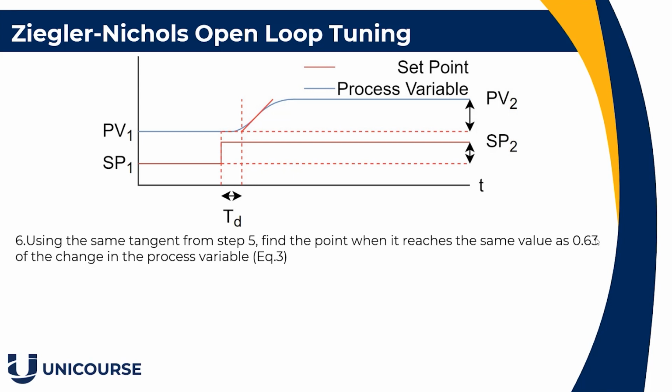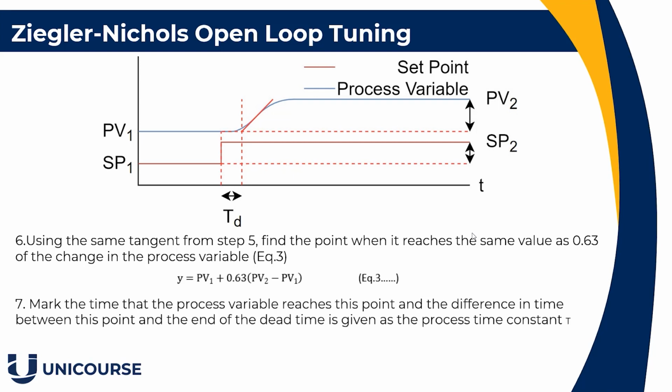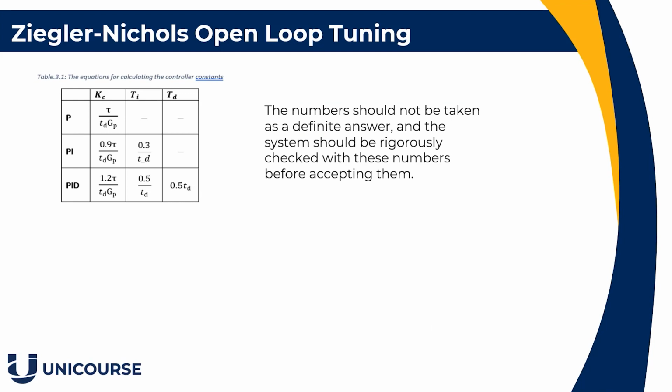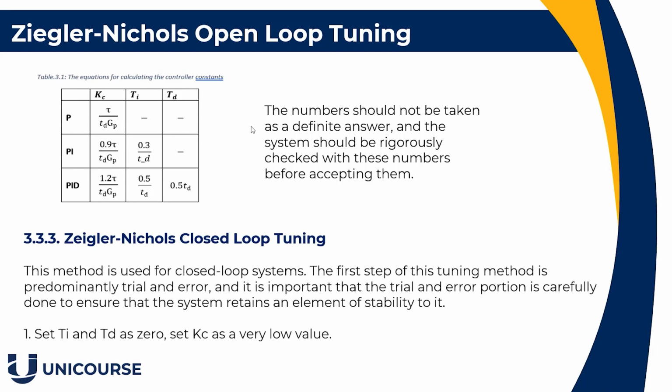Now 0.63 is very similar to what we have in the charge of the capacitor, if any of you are doing electronics. So here is the table for all this and the various formulas which will work out the algorithms.